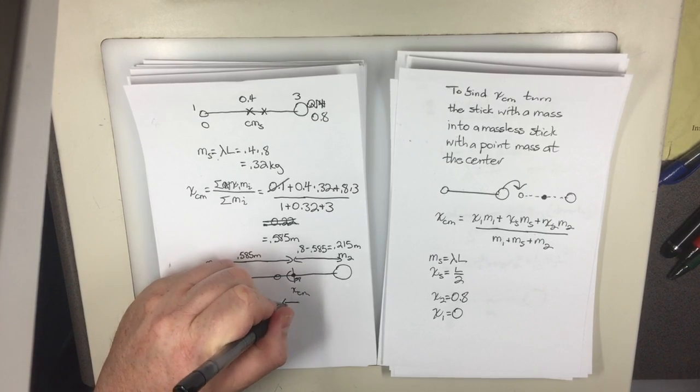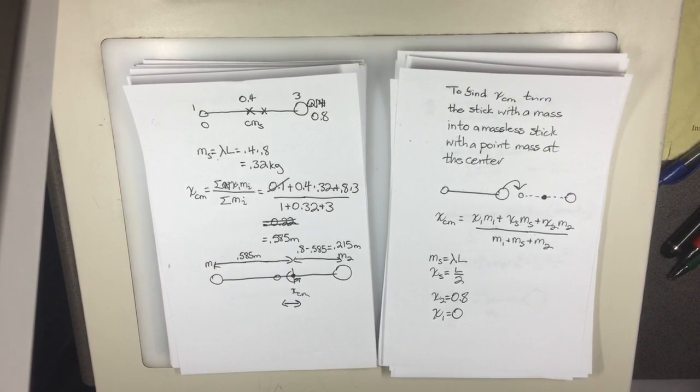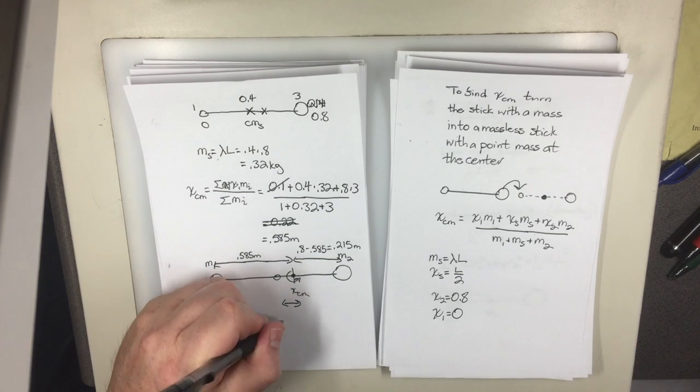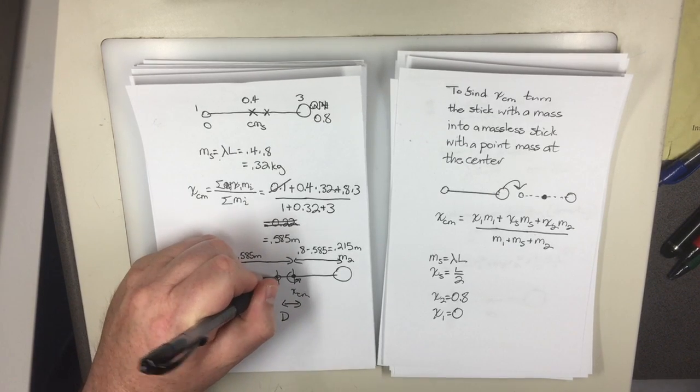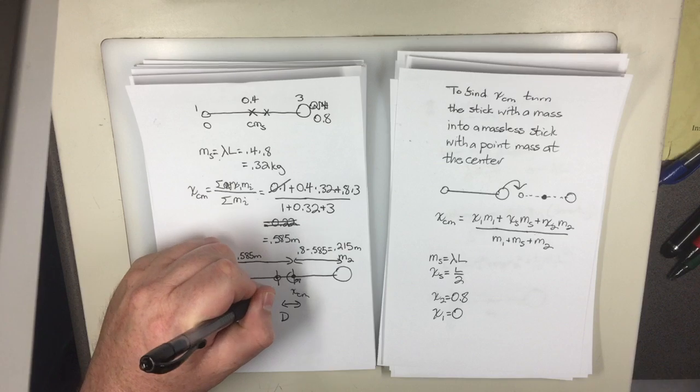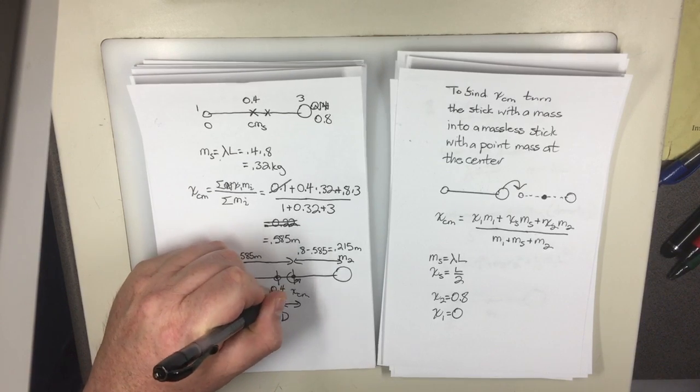This distance here, and this is the trick of the whole thing, is the distance from the center of the stick to its rotation point. And that is the value D. The center of mass of the stick has coordinate 0.4.